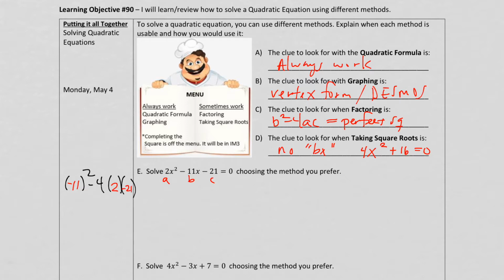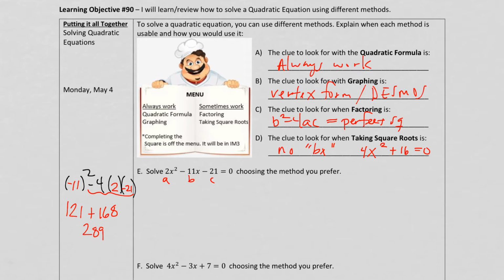So at this point, this will just be a number, so I can just compute this out with the calculator. So I get negative 11 squared is going to be 121. And multiplying these three numbers together, 4 times 2 is 8, times 21 will be positive 168 in this case. If I add these up, I get 289.